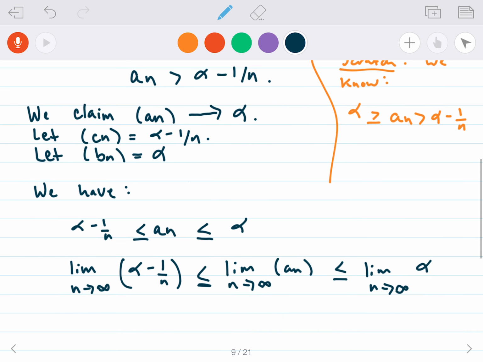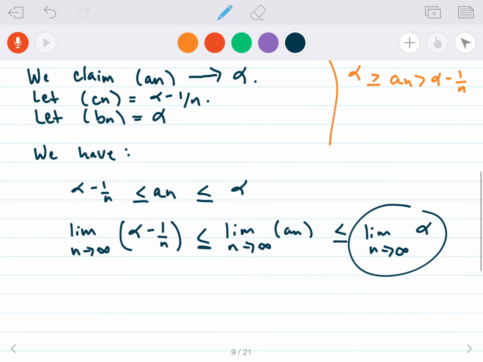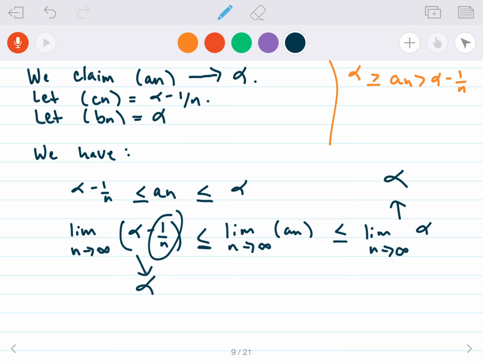Okay, well, alpha is just a constant, so it doesn't depend on n, and so this is just alpha, right? This goes to alpha. This goes to alpha because we know that as n gets really large, 1 over n goes to 0.